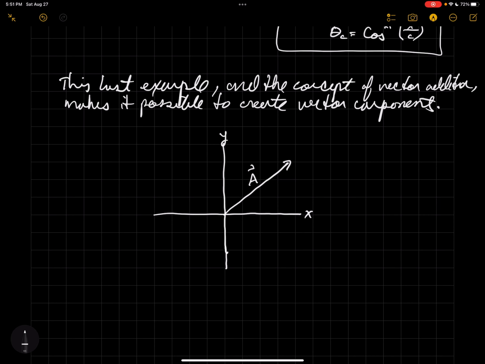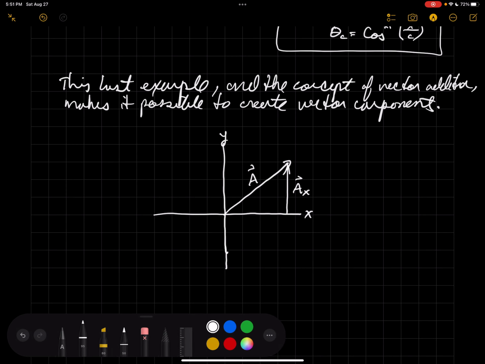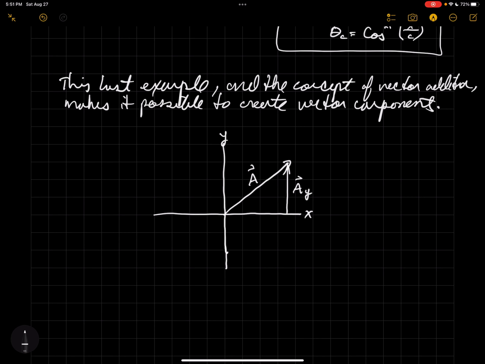And so what we can do with that is define the components of a vector along the unit axes, where, for example, this could be defined as vector A in the x direction, and this as vector A in the y direction. And we can simply show that vector A is the vector addition of vector A in the x direction plus vector A in the y direction.